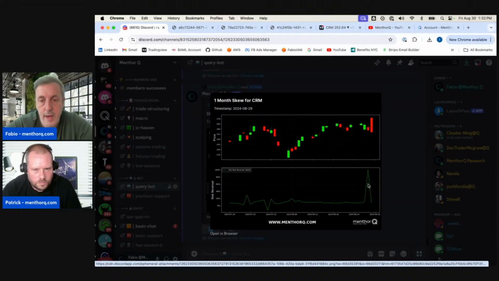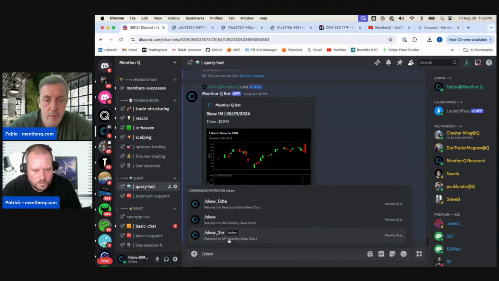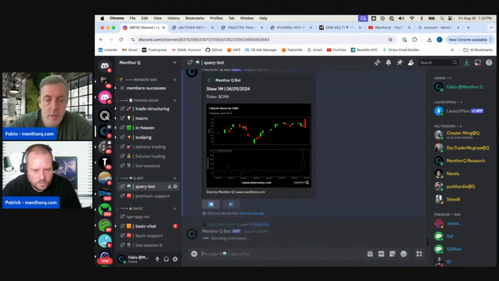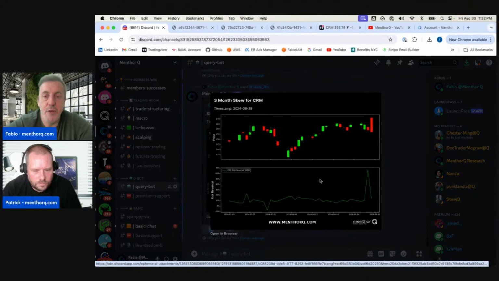In this case the calls are becoming more expensive. We see a big change in the implied volatility of calls. Look at the spike here. We can also look at the 3-month skew. Same picture. Something has happened over the past few days.